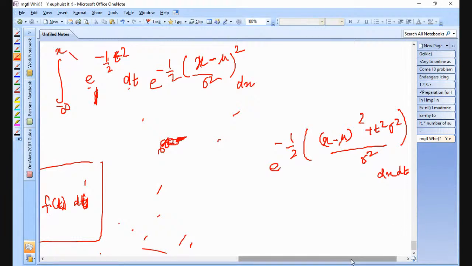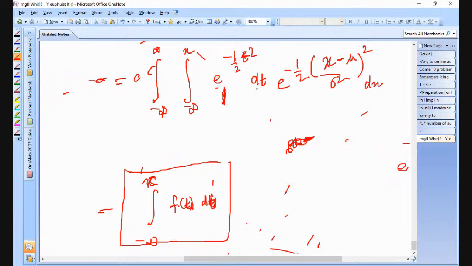Okay, I did it using, just give me a minute. The integration is whole over x, the outer integration. It's like this. We do like this.